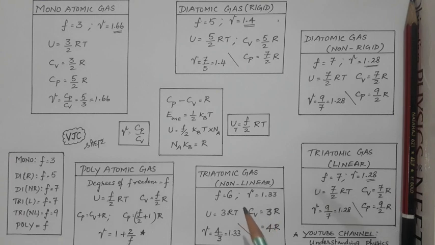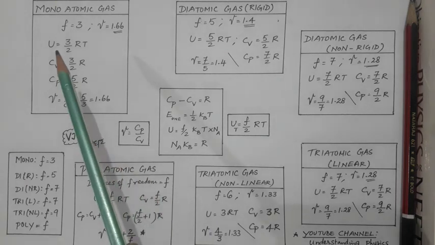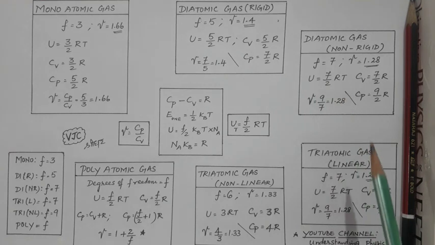Then accordingly you calculate, you get gamma as 1.33. Next, you can see that the gamma value goes on reducing, and here with F being 6, it is 1.33, just like the refractive index of water. You can remember it by comparing with 1.33, the refractive index of water in the light chapter.